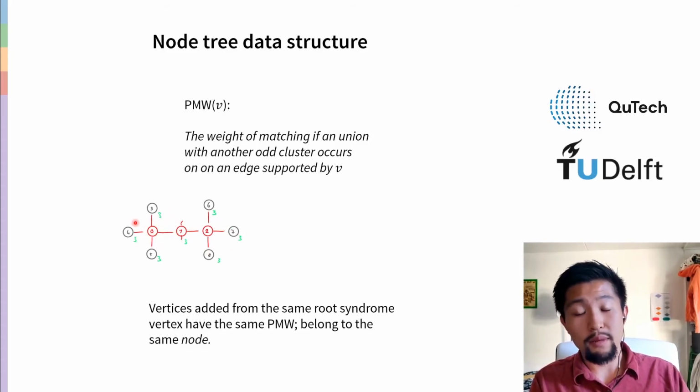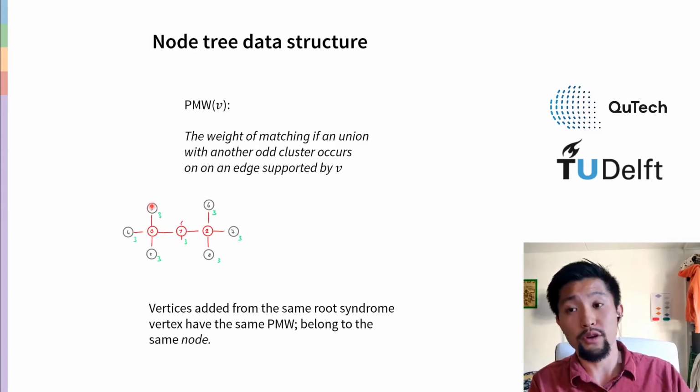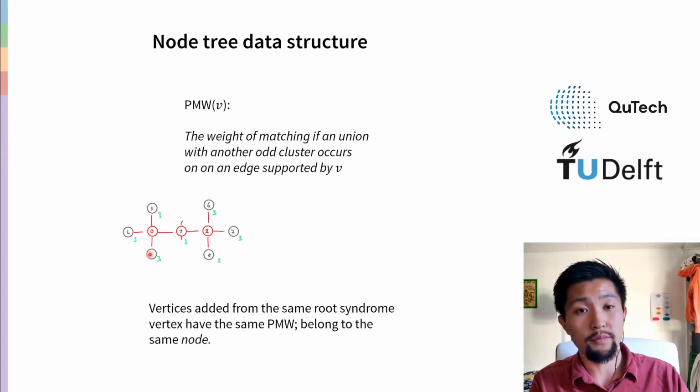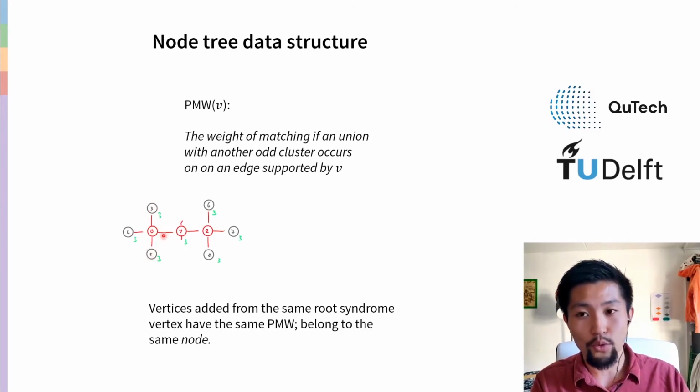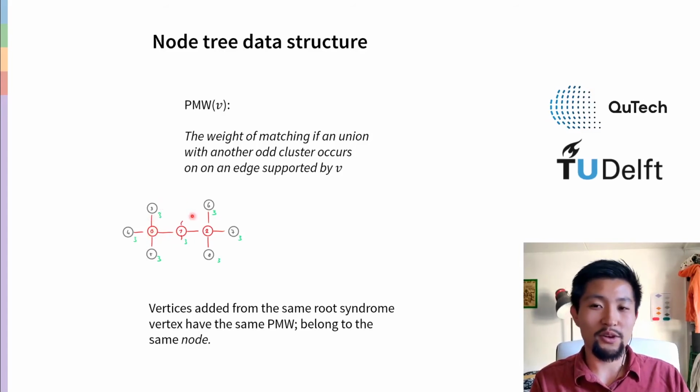Then if we grow it another round, if a matching occurs or a union occurs on vertex 3, 4, or 5, the eventual matching that occurs will still be with syndrome vertex 0. And the same is on the other side of the cluster.